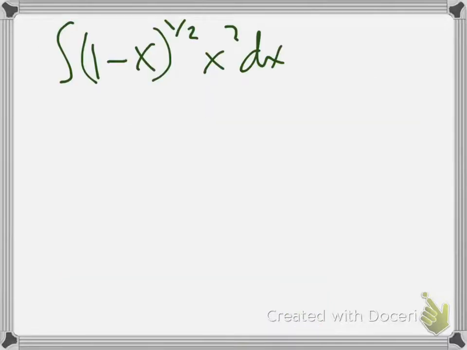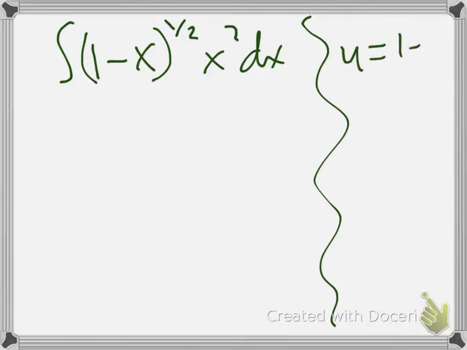Okay, so if U is 1 minus x, what's the derivative of this U? What's the derivative of U? Well, the derivative would be the derivative of 1, which is 0, minus the derivative of x, which is 1. So the derivative of U is negative 1 dx.